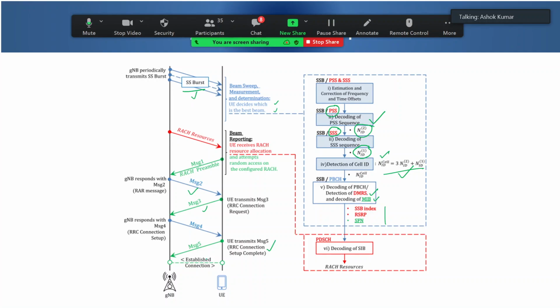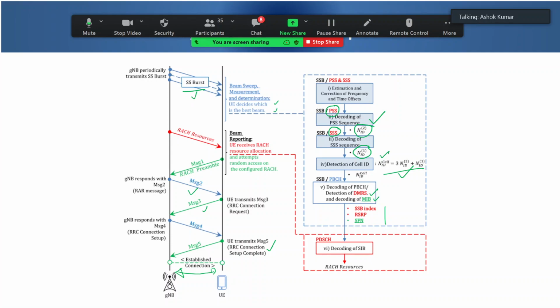At this point, a connection is established between UE and gNodeB. That means your UE has synchronized, and now it can transmit or receive data. This is the synchronization procedure in a nutshell.